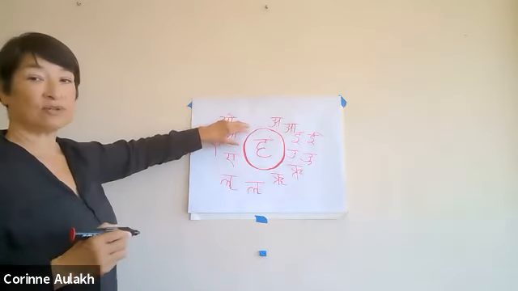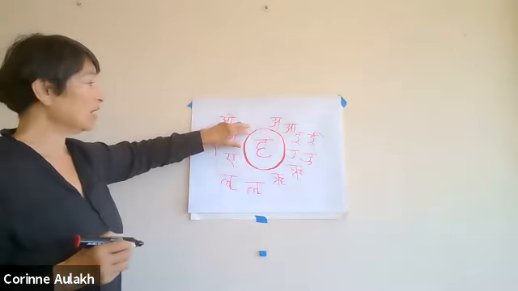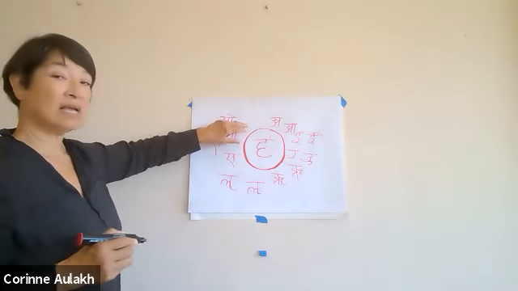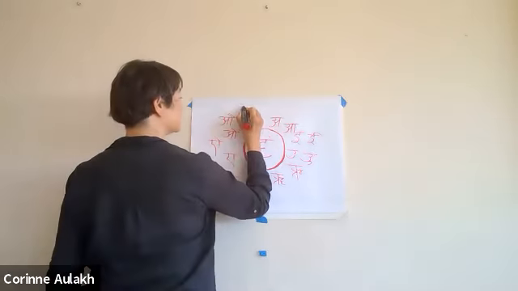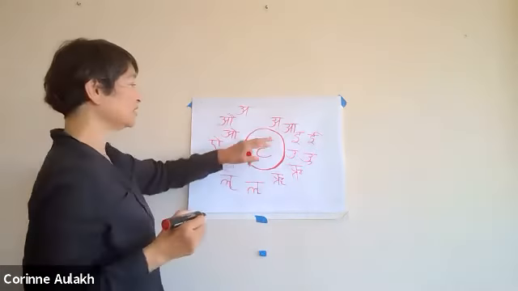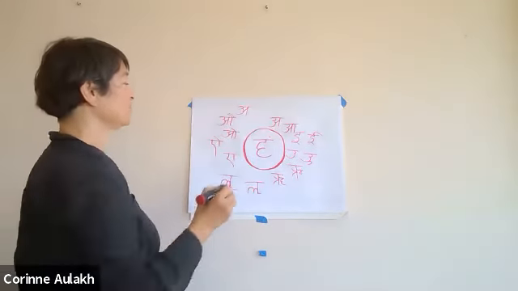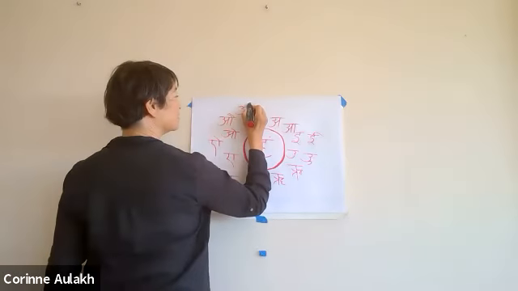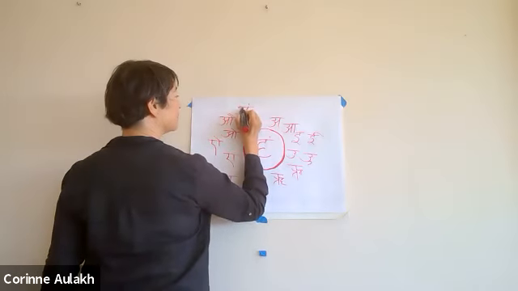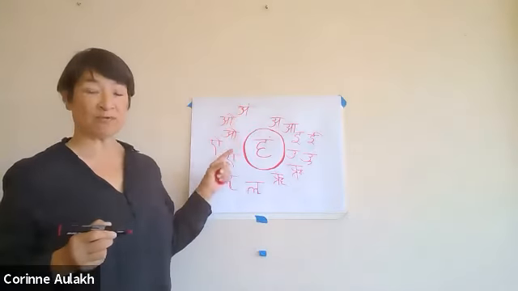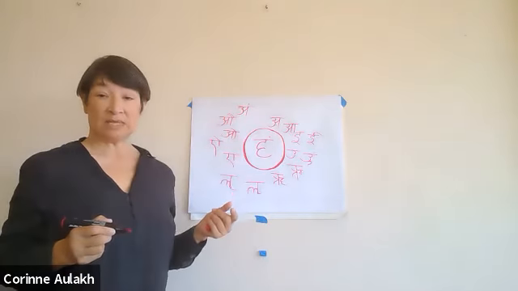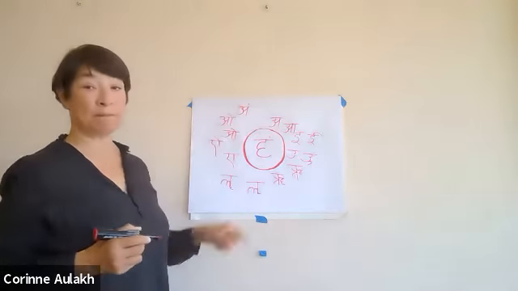The last two vowel sounds are am and aha. So am looks very much like a short A. What's the difference? I put this little circle on top. That makes it, remember, from our lam, vam, yam.